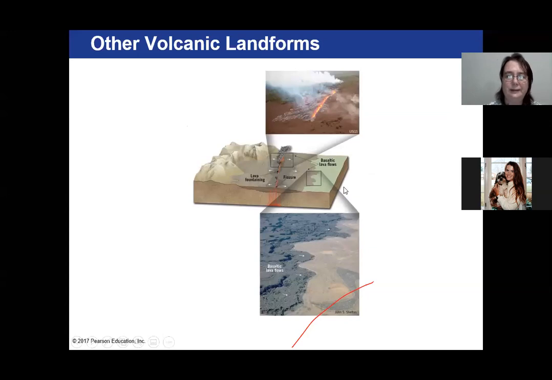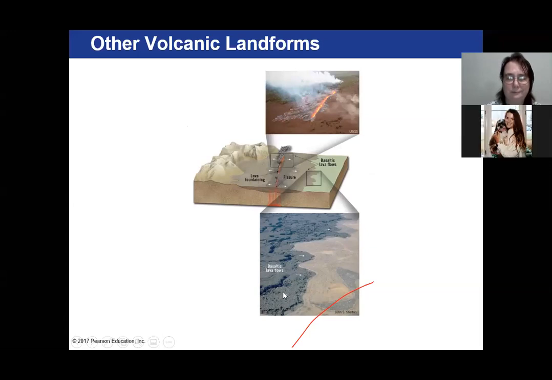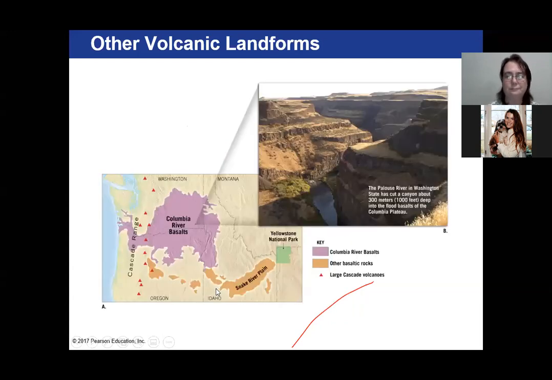So here's a fissure, and then here's the lava moving downhill. And this is from that Columbia River basalt. You can definitely see the difference between that black rock and the rock around it. And this basalt flow is so old that right here, this river cut through all of those lava flows, through that large basalt province.